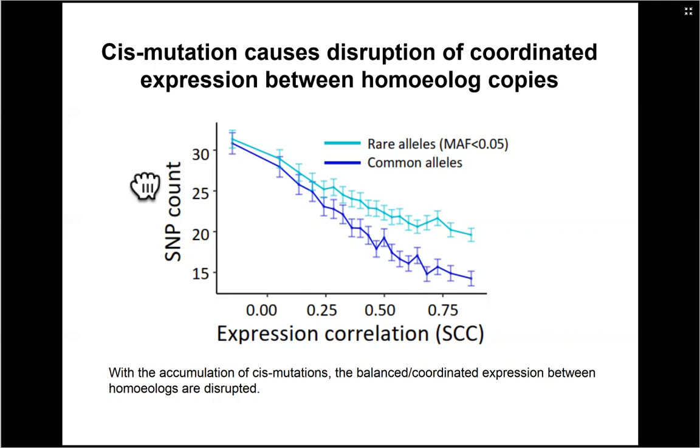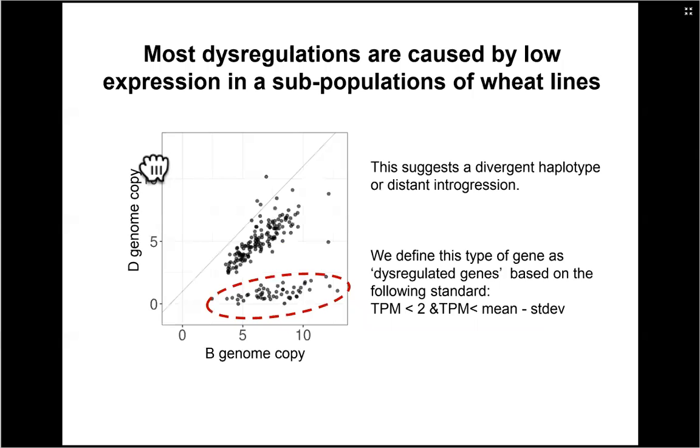The y-axis represents the number of SNPs located in the 1 megabase flanking sequences of the gene. When we looked into the actual expression pattern of those negative correlations, we found that they are caused by low expression or gene silencing in a subset of the wheat lines.